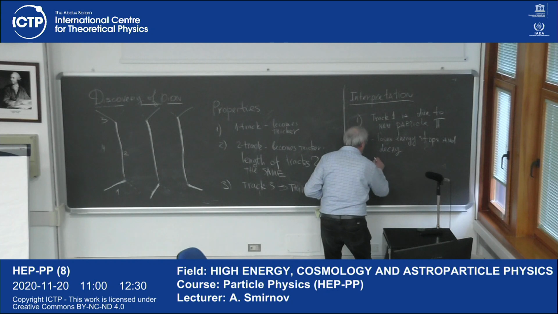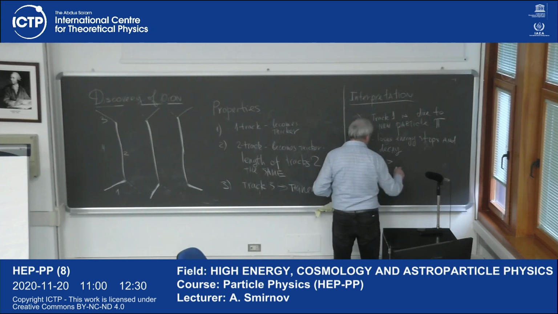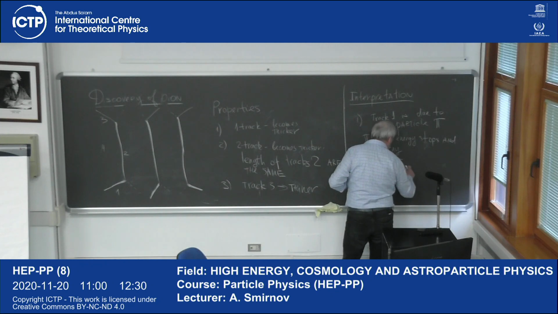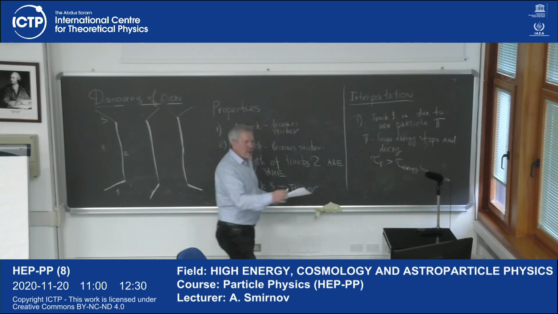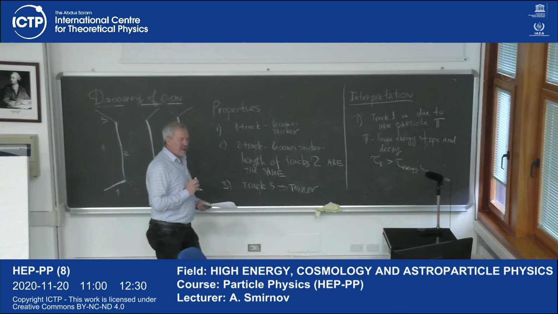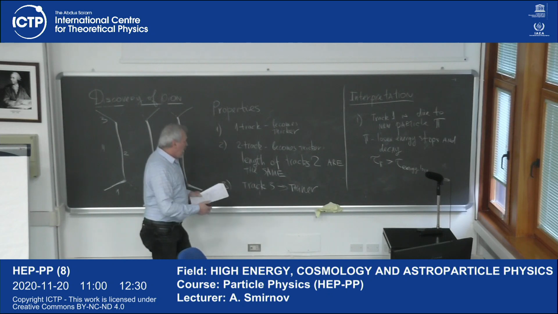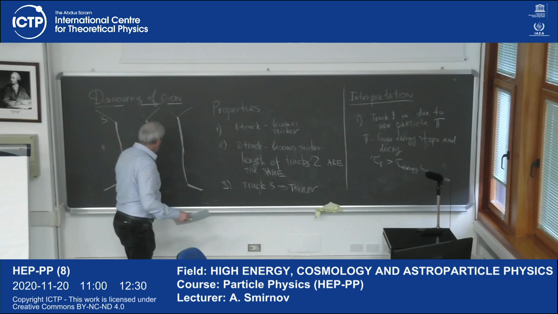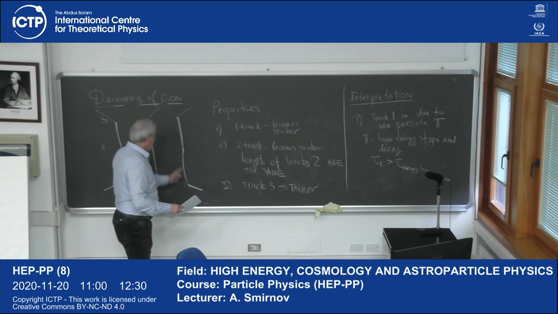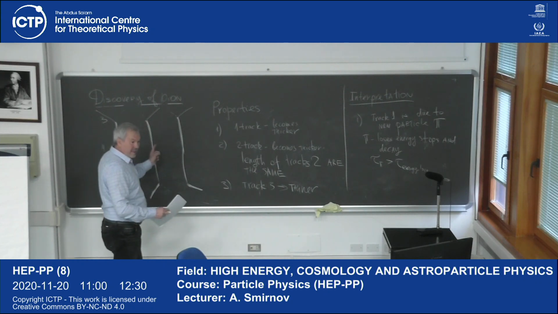For this, the lifetime of the pion should be bigger than the time of energy loss. So it should first lose energy, stop, and then decay. You can ask why. This is needed to explain the feature that these tracks are the same for all the events.